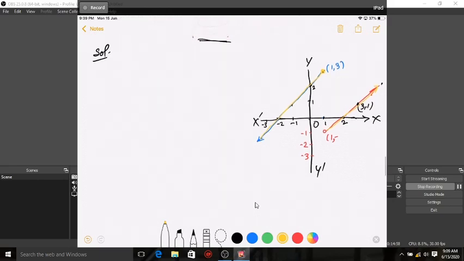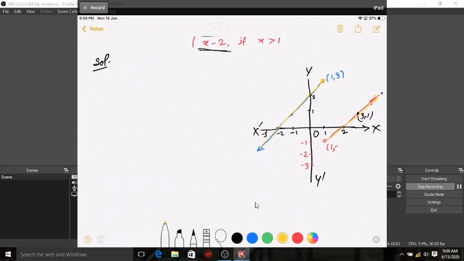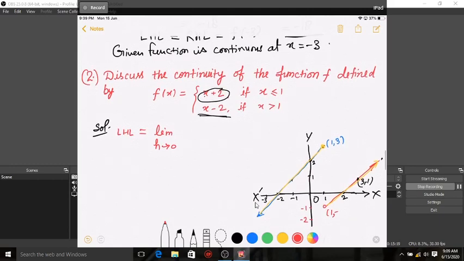Now we are going to solve this question by using limits. So first of all, find the left hand limit, that is limit h tends to 0 f(1 minus h).